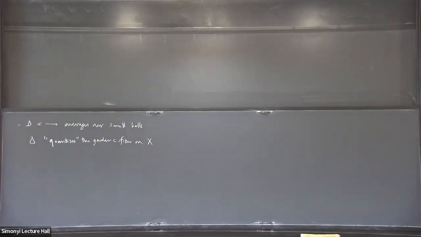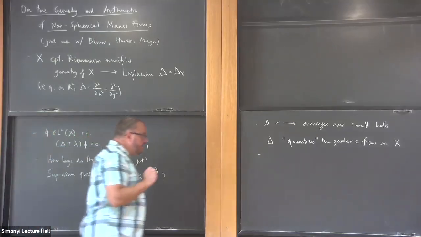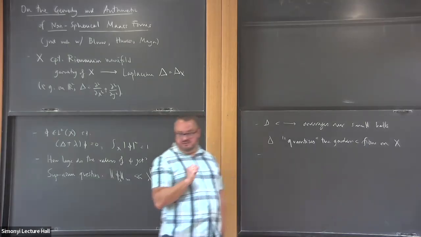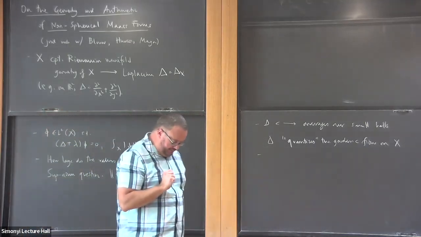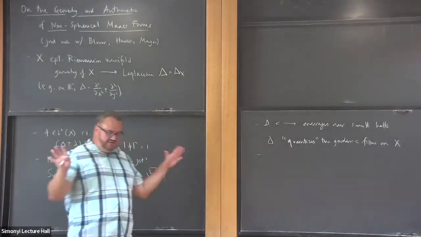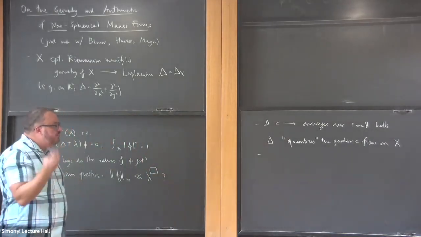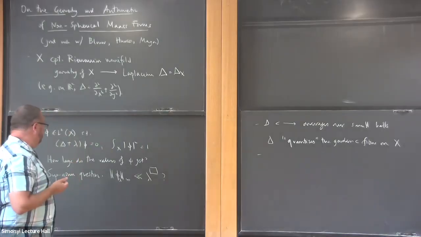So I want to switch to situations that are relevant arithmetically. If you look at negatively curved manifolds, the classical mechanics are very chaotic. So there is a highly diffused picture, and corresponding to that should be a highly diffused quantum picture.